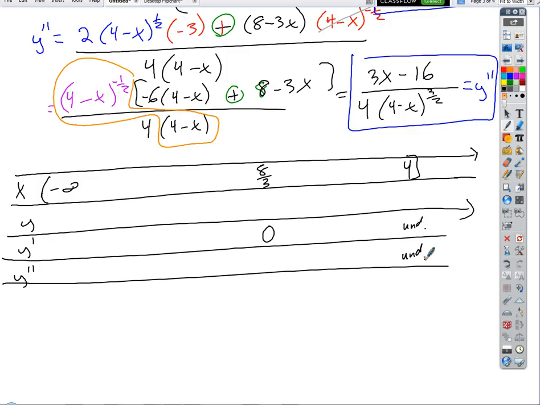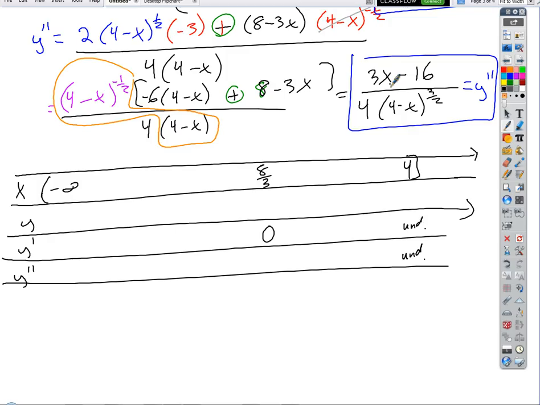Second derivative test, right? What's the sign of the second derivative at 8/3? Well, let's just check the values of the numerator and the denominator. At 8/3, 3 times 8/3 is 24/3. It's 8. Oh, whoops, yeah, 24/3 is 8. 8 minus 16 is negative. Bottom at 8/3 is going to be positive, right?